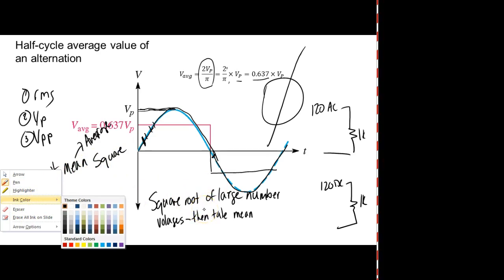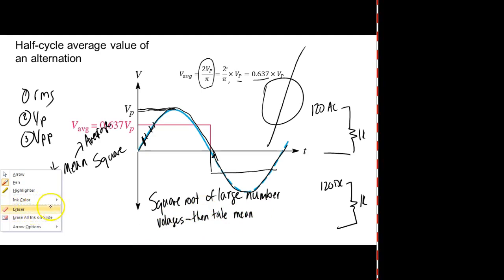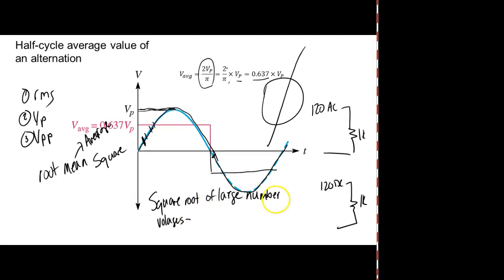I got it backwards, guys. We don't take the root of the means of the squares. What we do is we take the square root of a large number of measurements squared, right? Does that make sense?